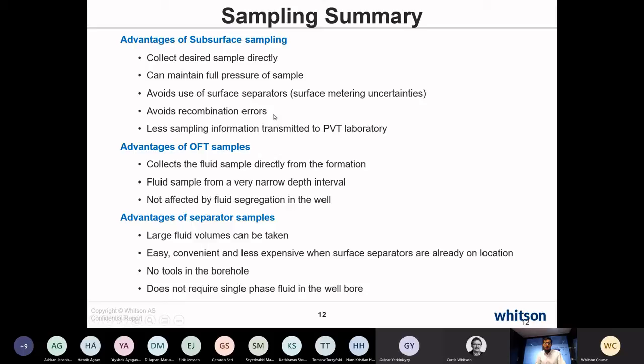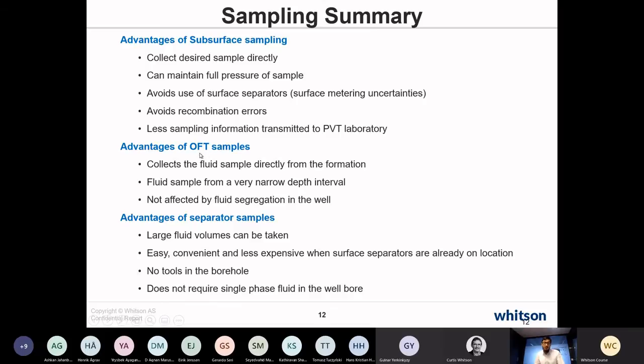So you also avoid the recombination errors, because you collect the total fluid directly downhole, and there is less sampling information transmitted to the PVT laboratory. You don't need to tell the lab what recombination GOR to use, what the separator sampling pressure and temperature were, or whether the samples were in equilibrium or not. So there are some advantages of the subsurface sampling.